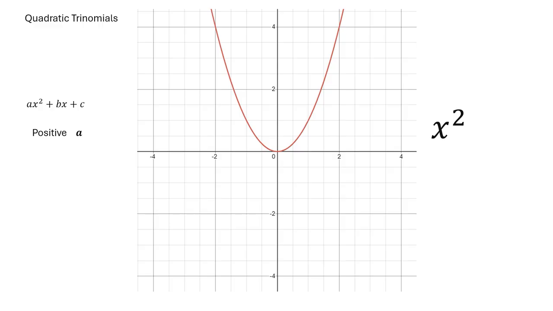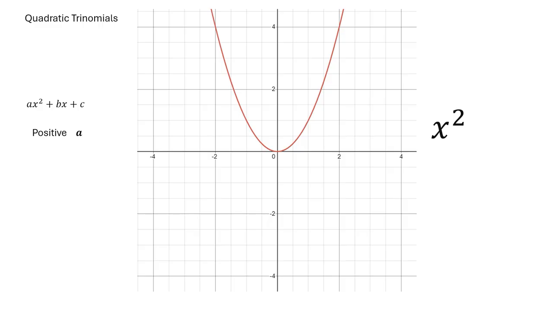So in this particular equation, y equals x squared, we have an a value, or a coefficient of the x squared. And in this particular example, the coefficient is 1. So we say that a has a value of 1.